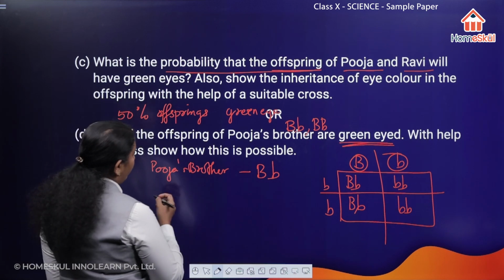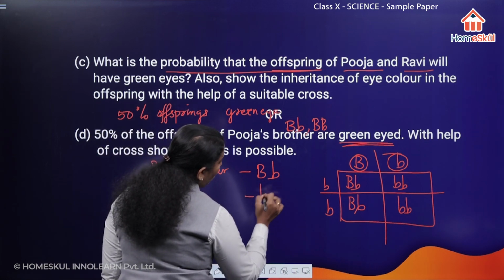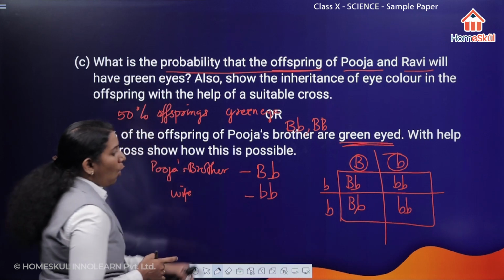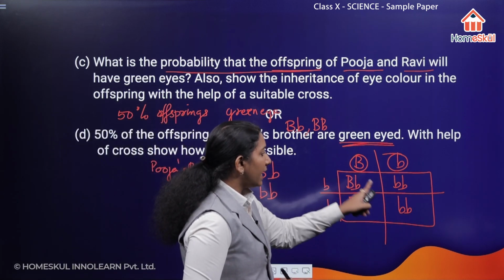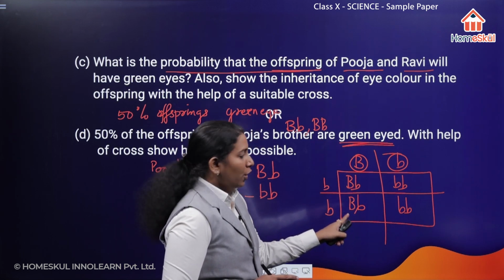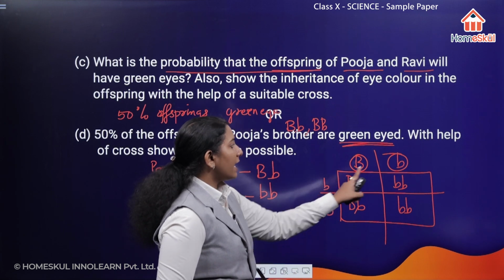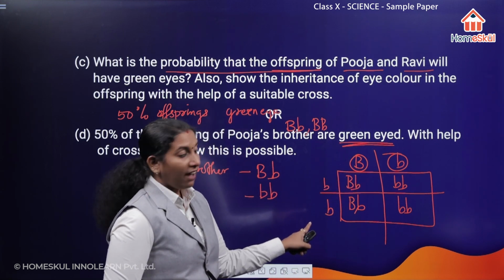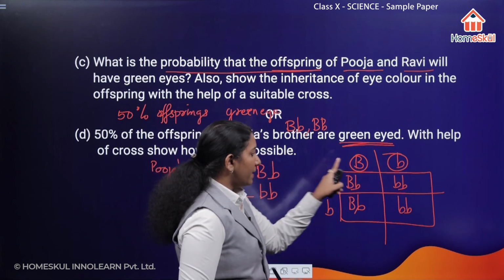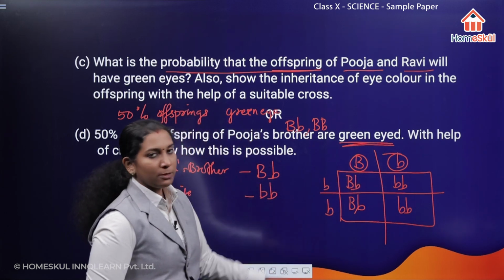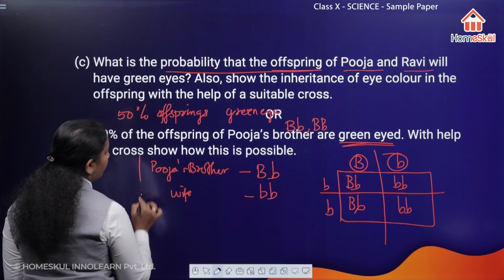And his wife's genetic makeup is small b, small b, because the offspring produced are 50% green-eyed and 50% black-eyed. So if the offspring are like this, the parents will have this kind of genetic makeup. So Pooja's brother will have capital B, small b, and his wife will have small b, small b genetic makeup. So this will be the answer.